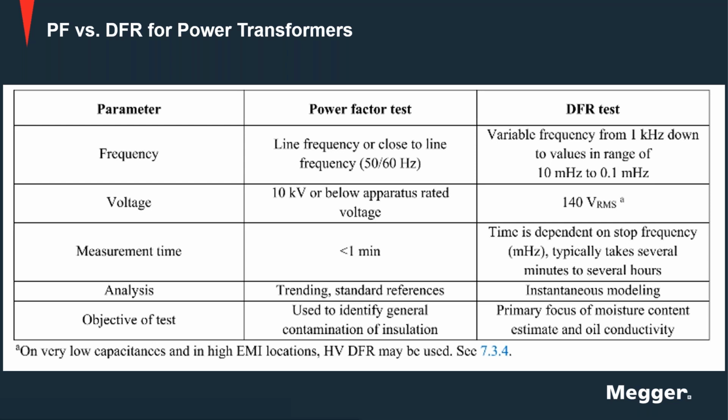What about the voltage? As I was mentioning to you, power factor is typically at 10 kV, but we have to be careful about this 10 kV. I think that Ken answered one of the questions saying, we do not want to stress the insulation. Sometimes people say, why do I do the test at 10 kV? It's because I want to stress the insulation a little bit more and have a better effect on my dielectric test.